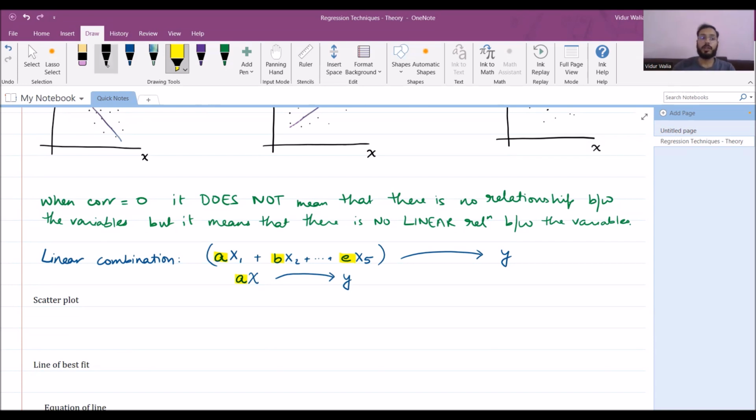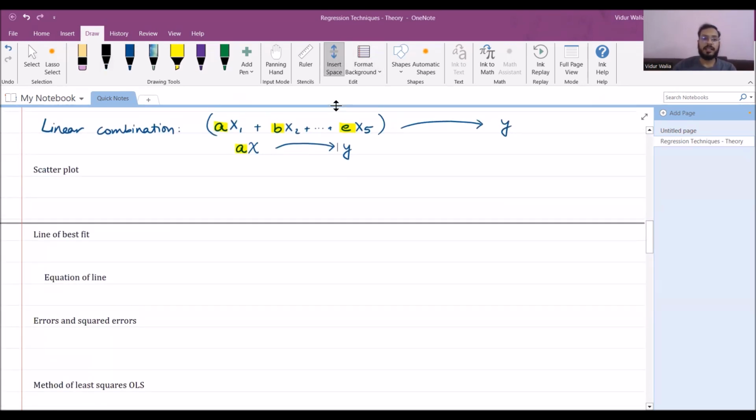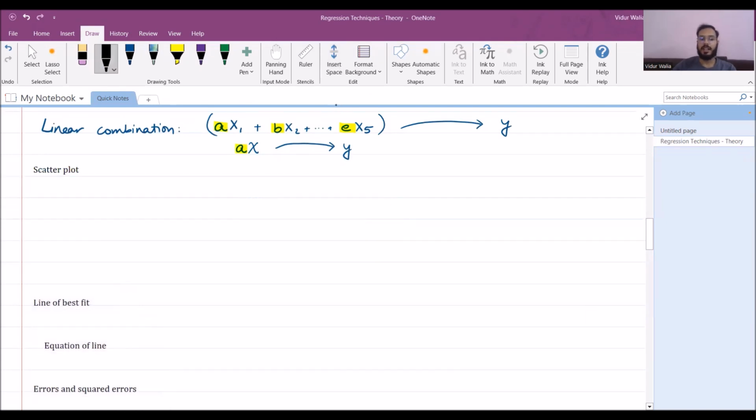So in order for us to understand this better, for theoretical purposes, let us take the case of simple linear regression first, right? Let me just create a scatter plot here. Suppose this, now I'm deliberately drawing some points so that you can see a clear trend going upwards, right?